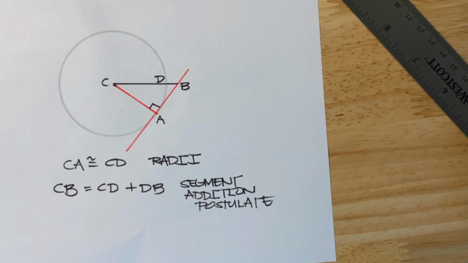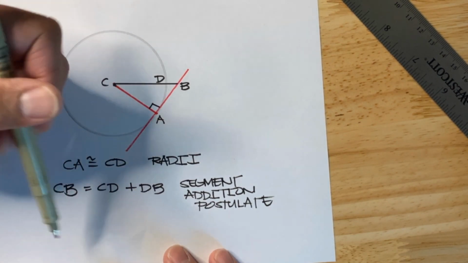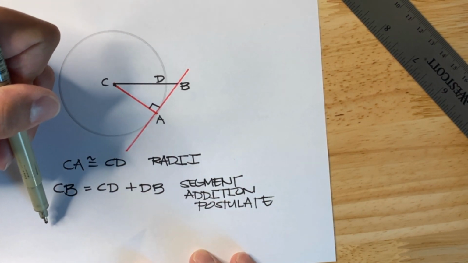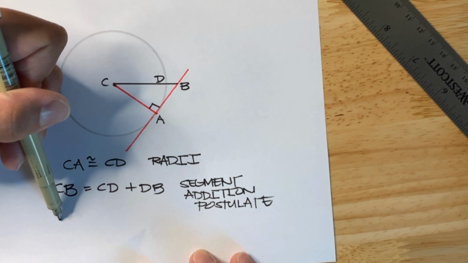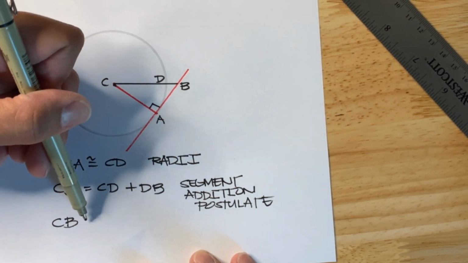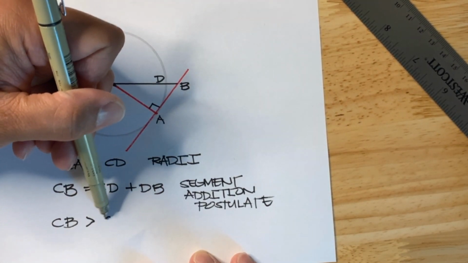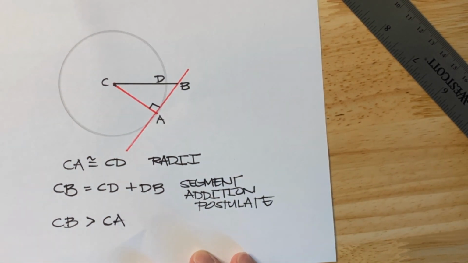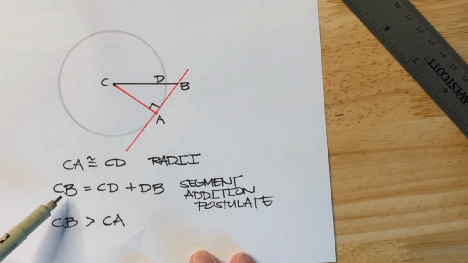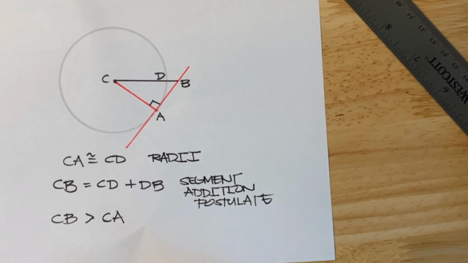And because of that, we can say that CB is greater than CA, because CB is DB plus CA.